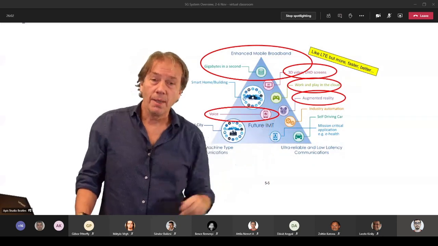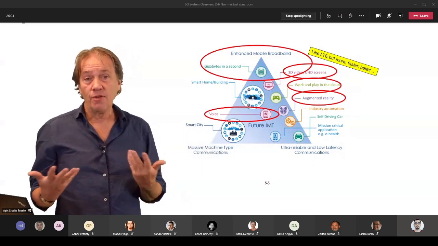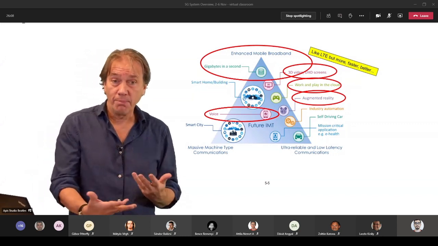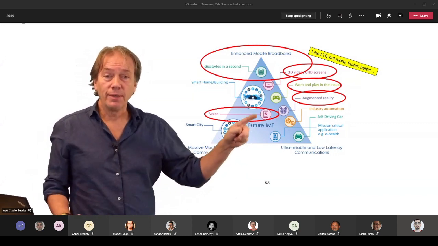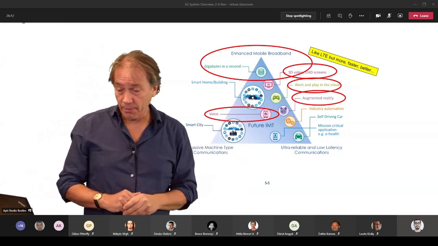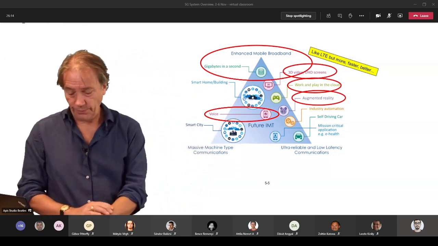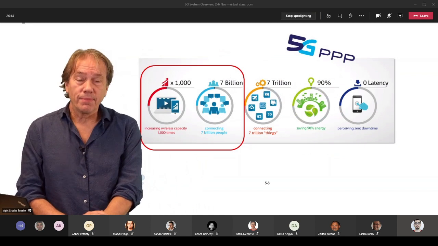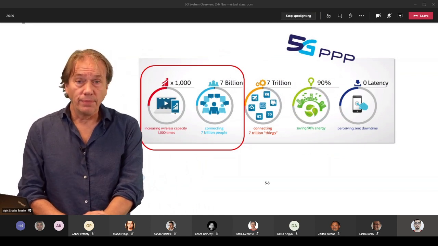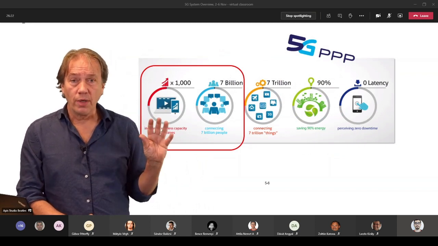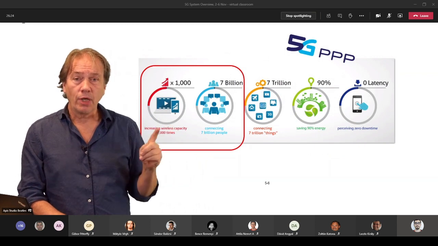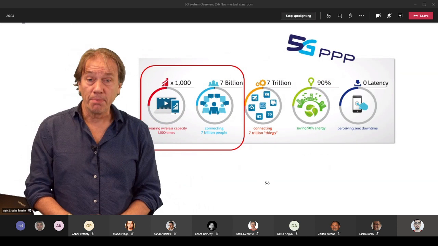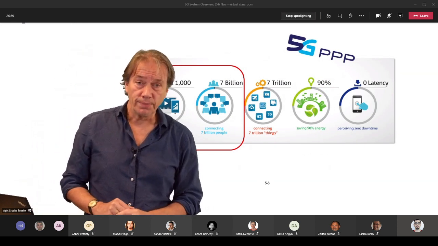So IMS based voice, like VoLTE, but in the 5G network, that would be an eMBB type of service. For eMBB, we will need more capacity because there will be more people, more UEs to serve.